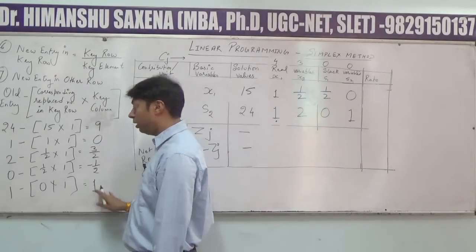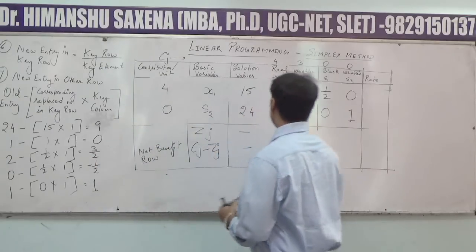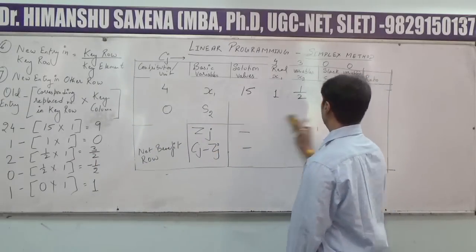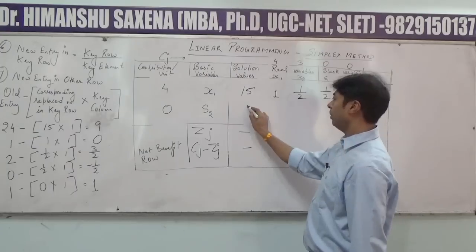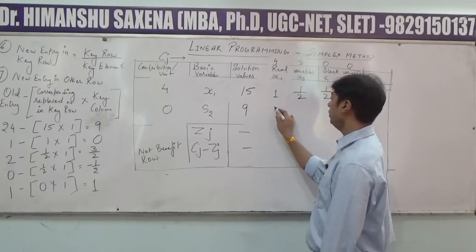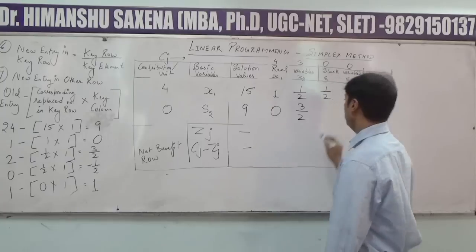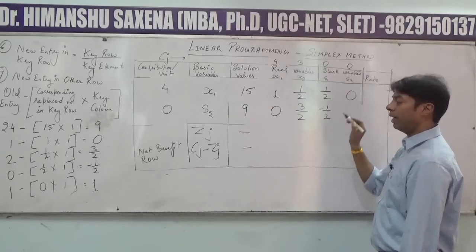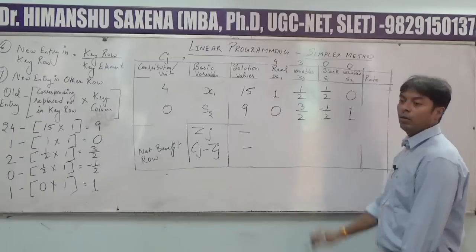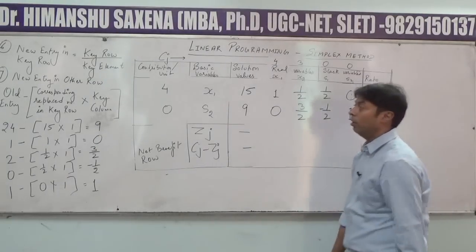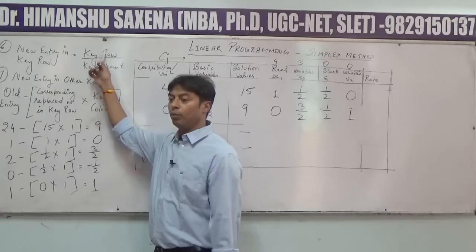So after making all these calculations, we will have to place all these values in our new table, and they will be represented by 9, 0, 3 by 2, minus 1 by 2, and simply 1. So here on we have just replaced both these rows.